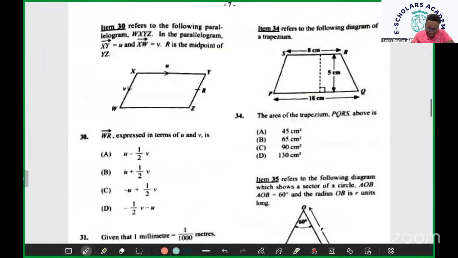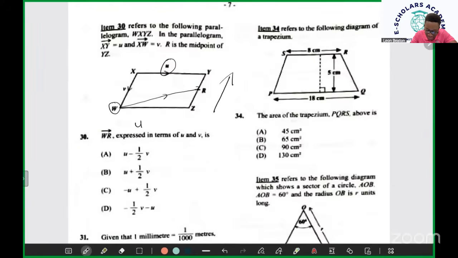WR. So I guess R is the midpoint. So we can go from W to Z, which is U. And then we can go from Z to R. So the thing is, this V is going in that direction, but we are going in the opposite direction.